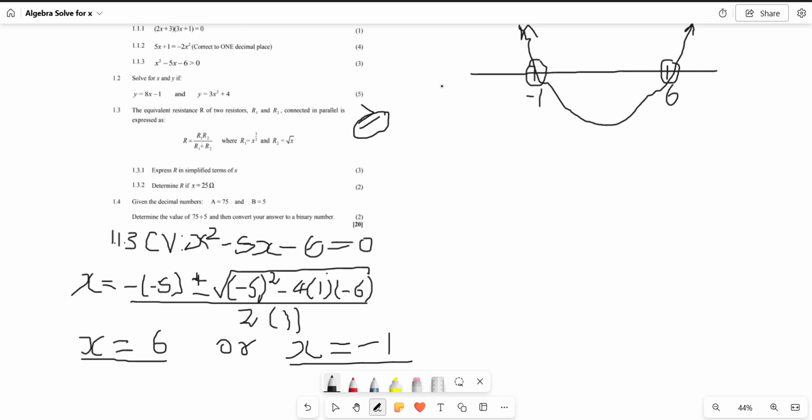Then we are going to shade on this side of the parabola, and also shade on this side. Where we have shaded, that's where the solutions of x are going to lie.